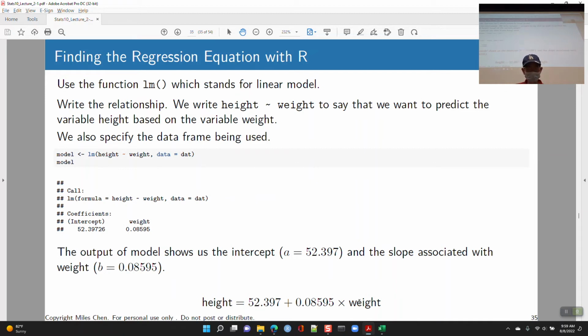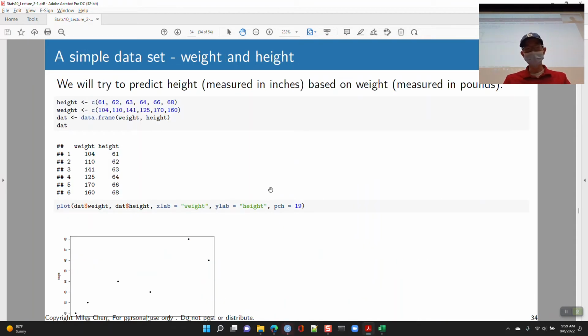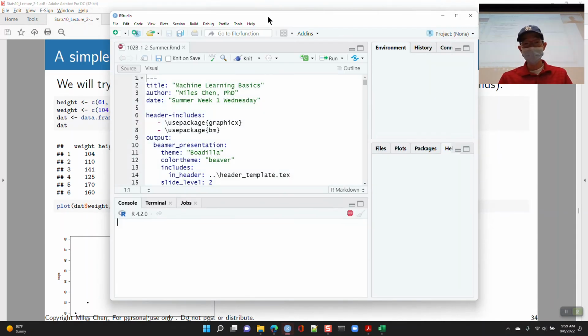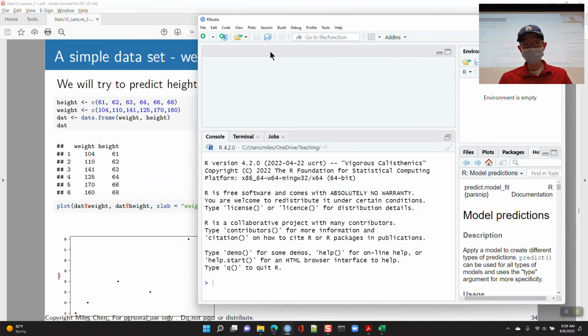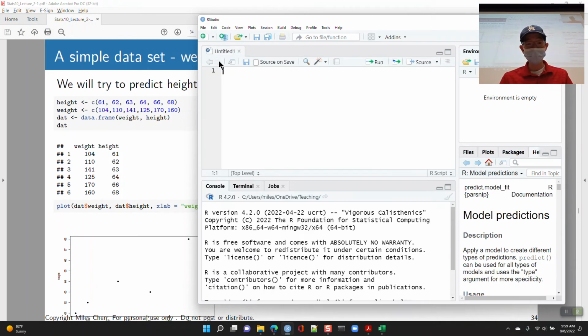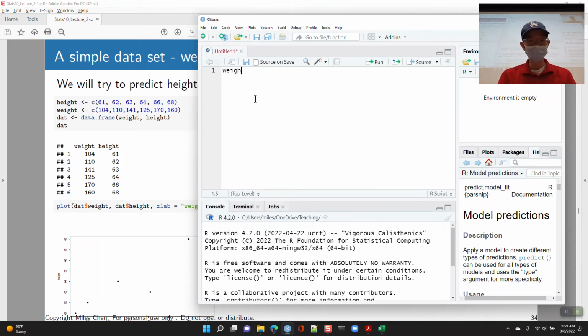Okay, so this is how you would do it in R. I could just do this really quickly in R as well. So in R, you would create your data set. You'd create your vectors as such: 61, 62, 63, 64, 66, and 68.